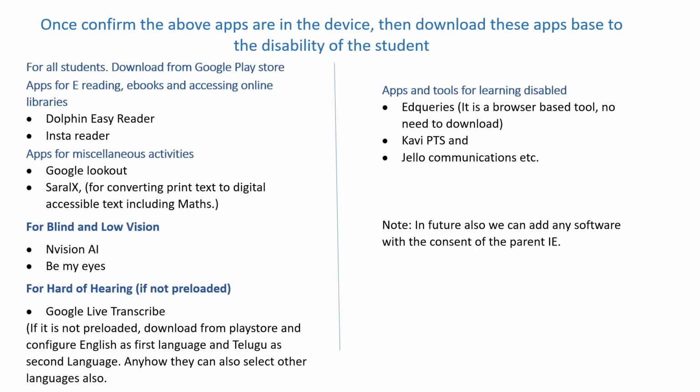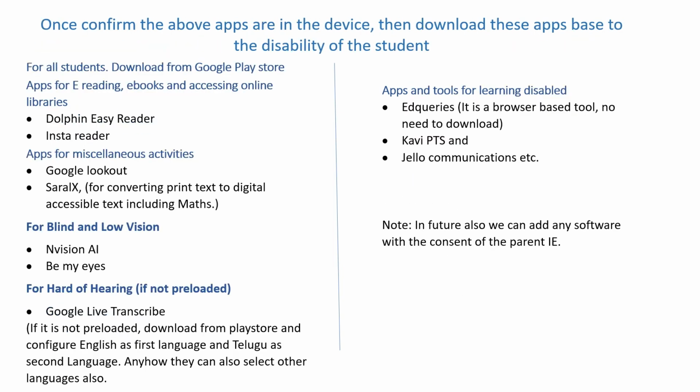Once you ensure the preloaded apps are ready in the device, then we need to download some proprietary apps, which are also free of cost in the Google Play Store. For every student, we need to load Dolphin Easy Reader and Insta Reader.